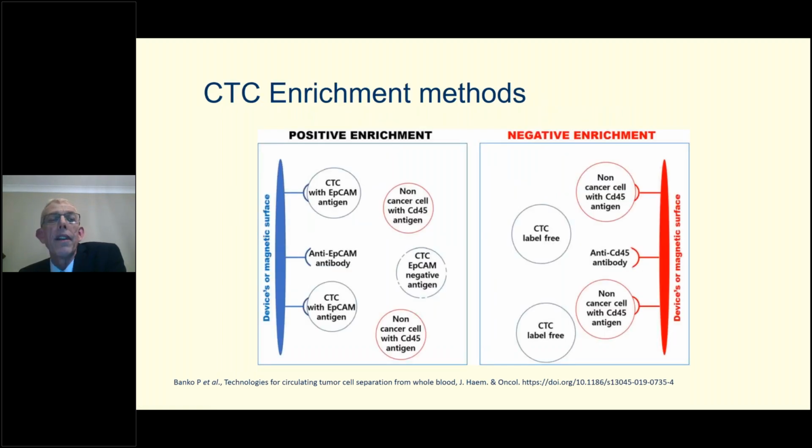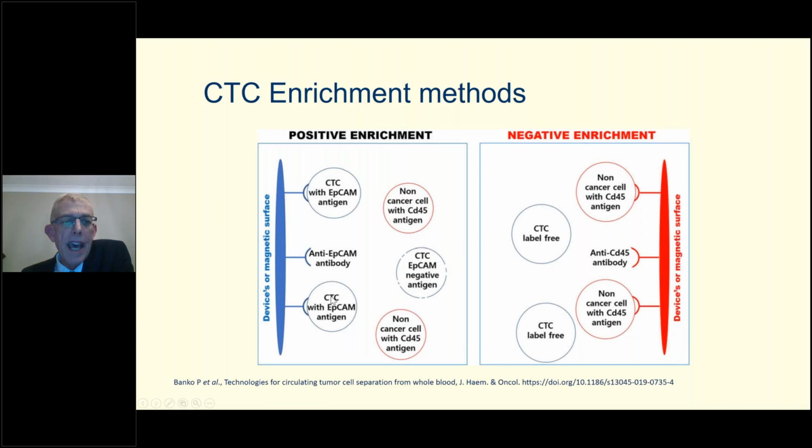So just to then focus a little bit on enrichment methods for CTC capture, we can use positive enrichment methods where the device or magnetic surface is bound to antibodies that recognize a particular marker that might be expressed by our cancer cells.